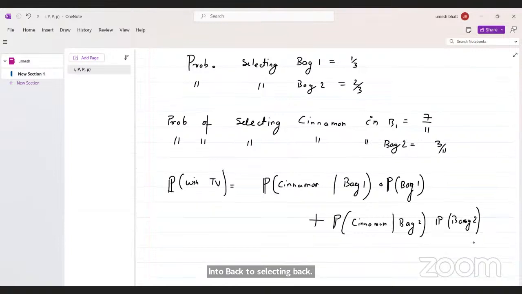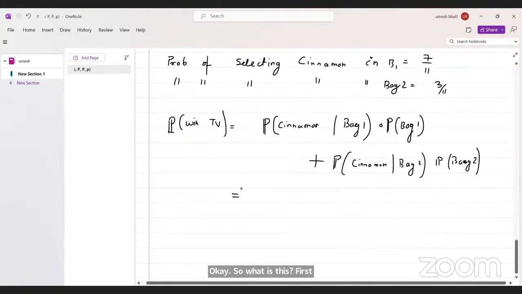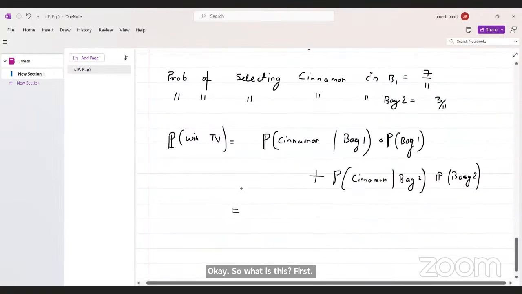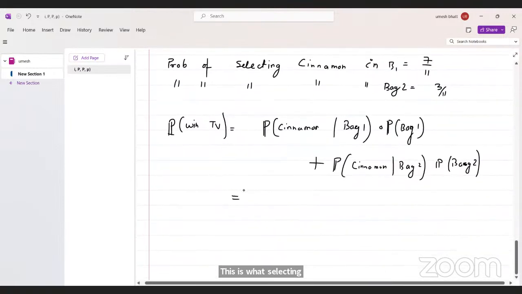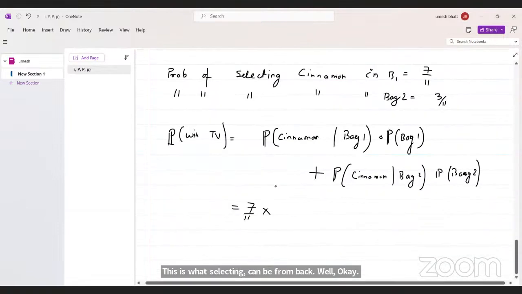Okay, so what is this first one? Selecting cinnamon candy from bag 1 is 7/11, times selecting bag 1. What is the probability of selecting bag 1? 1/3.